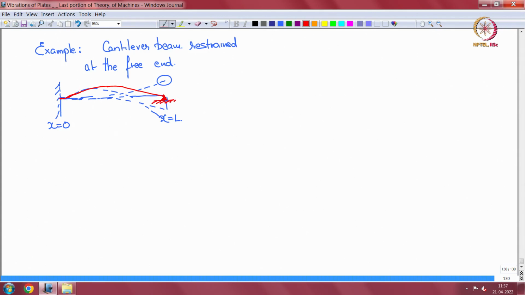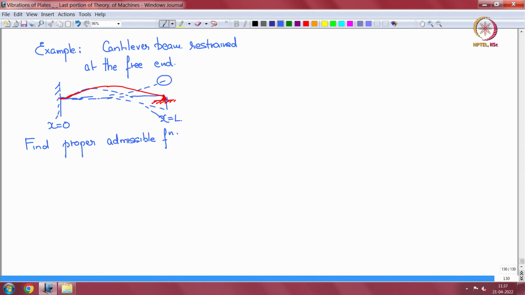So for one thing you could find proper admissible functions that satisfy all the conditions, the left side and right side.